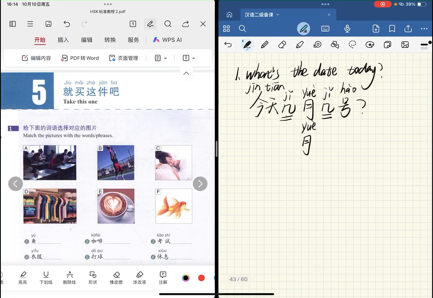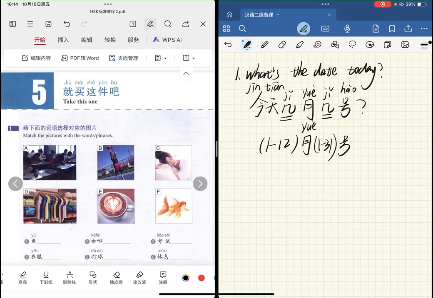So in Chinese, we just add the number 1 to the number 12 and add the 月 to express January to December. And for the day, it's the same. There are 30 or 31 days in a month, right? So we just add the number 1 to number 31 and add 号 to express the day.